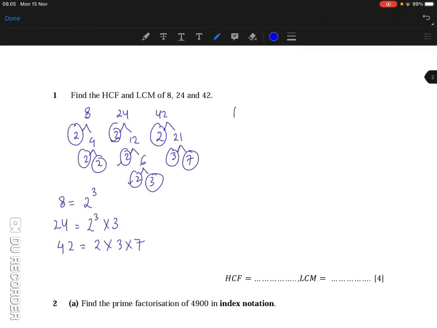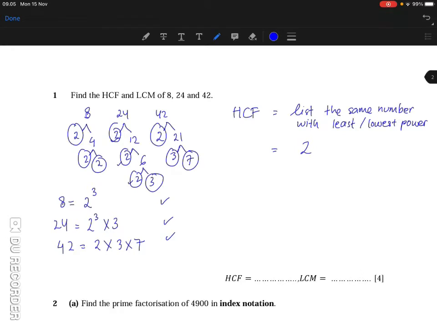Remember, guys, if we want to find the HCF, please list the same number only, with the least or lowest power. So in between the 3 lists here, you have the same number, which is 2.